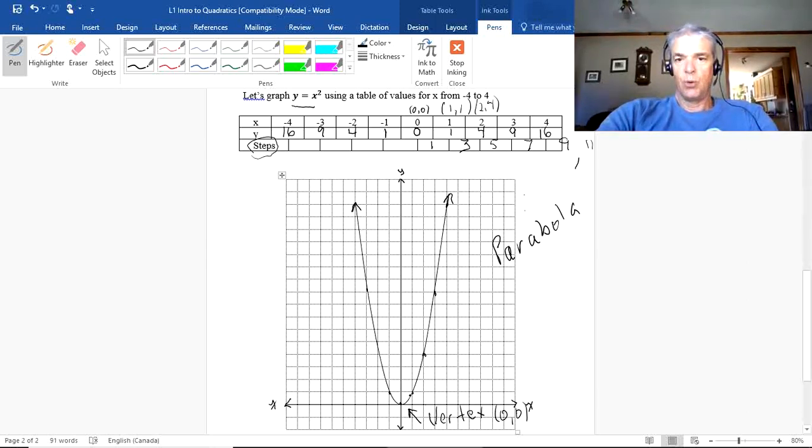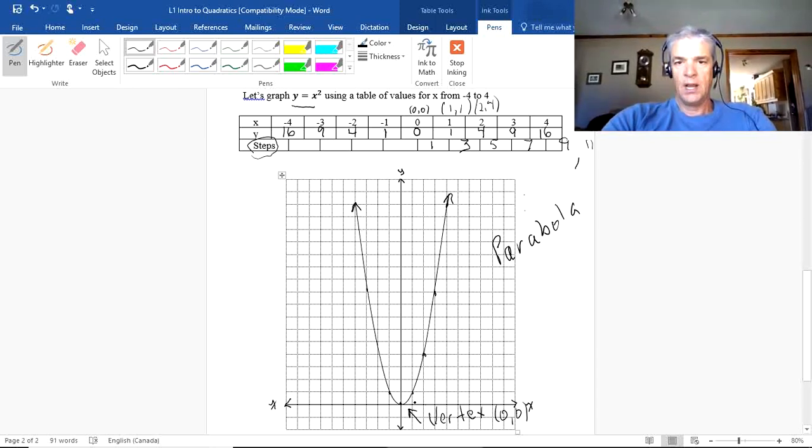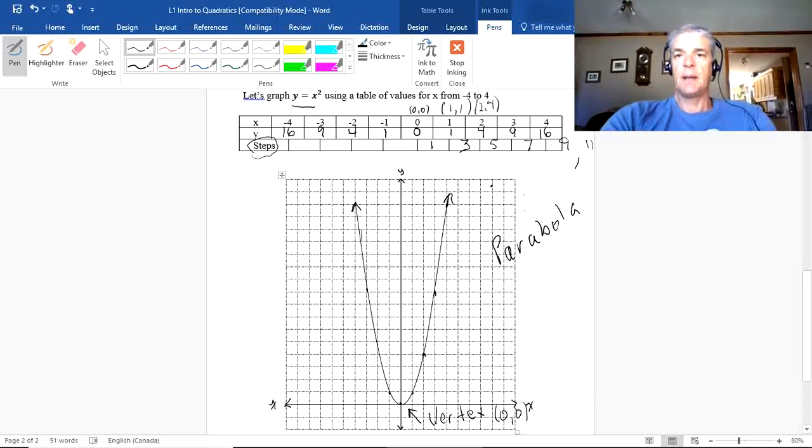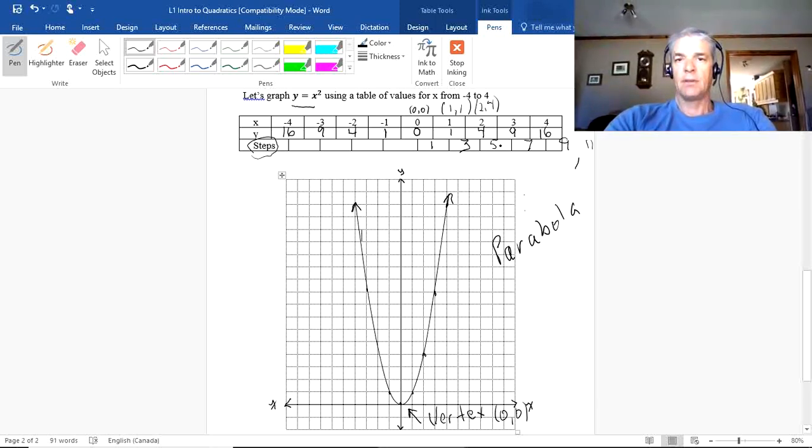So what we do is we go over 1 always. And what's our first step? 1. So over 1, step up 1. Then we go over 1 and we step up 3. Over 1, 1, 2, 3. Then we step up 5. Over 1, step 1, 2, 3, 4, 5.